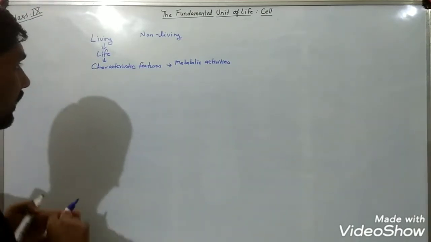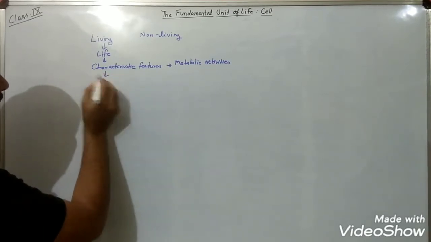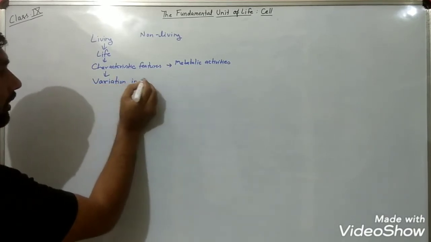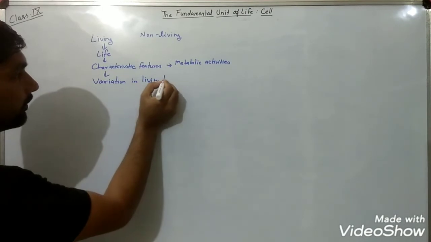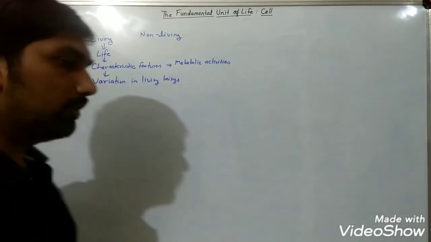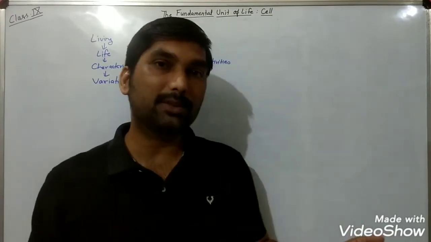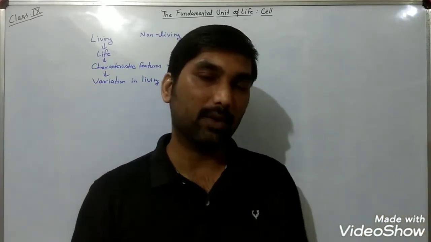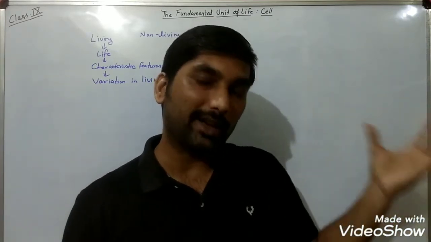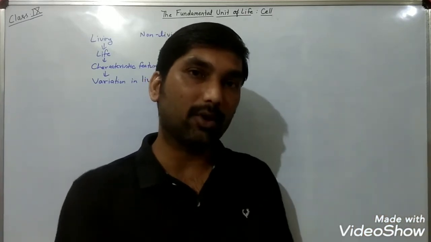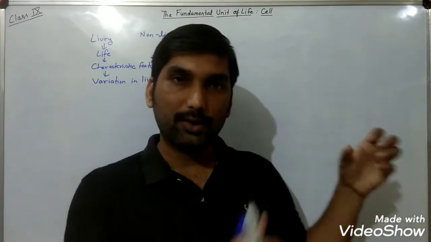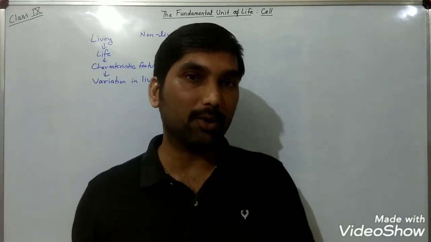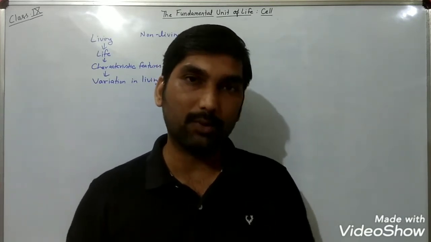So when we see the living things in our surrounding, we are going to see a variation in living beings. When we observe all the living beings present in our surrounding, we see some huge organisms, like the blue whales, aquatic large organisms, or elephants and giraffes, terrestrial huge organisms, as well as at the same time you have knowledge about the microbes present in our surrounding.